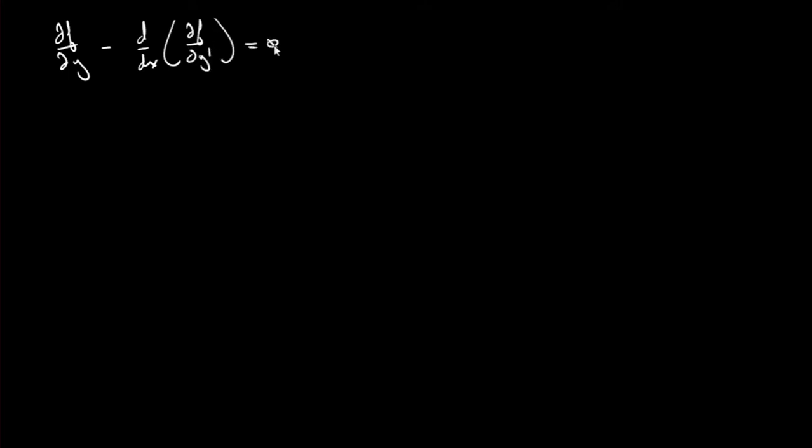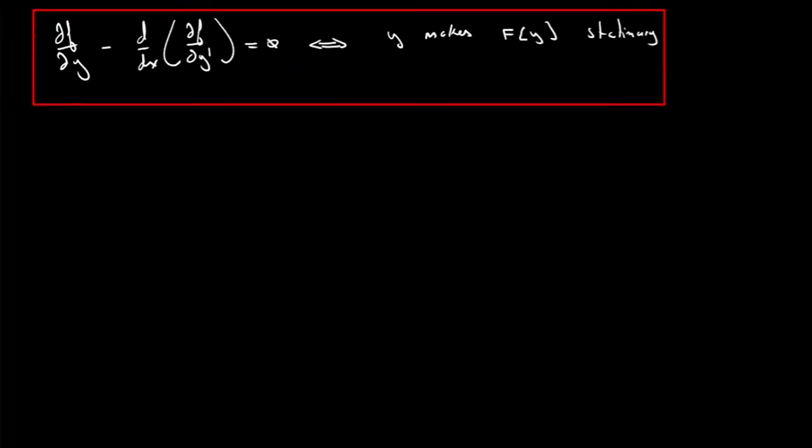That's got to vanish. And this is a condition that's equivalent to the statement that y makes F of y stationary. So if y satisfies this differential equation, we say that y makes the functional capital F of y stationary.